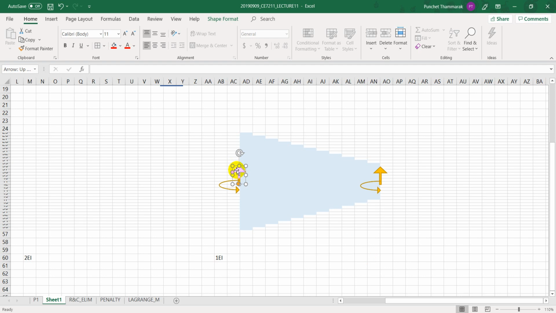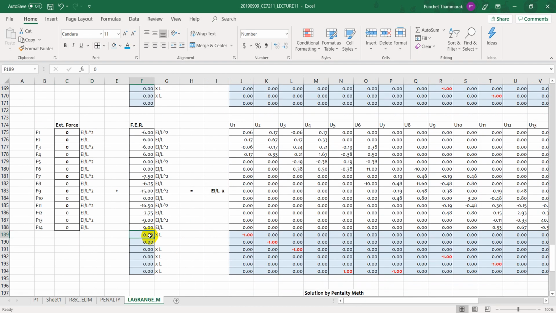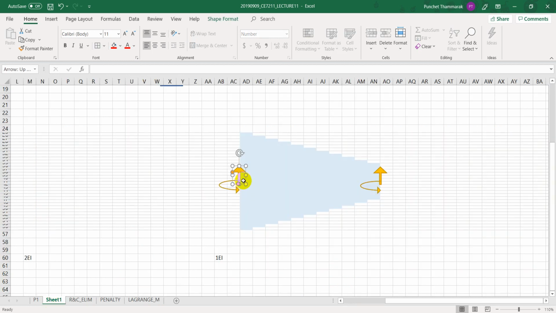You apply 1 unit for your U1, so you apply the number 1 in there using Lagrange multiplier. We used to have this on the left hand side prescribed to 0, but now you can put the -1 in there. When you put the minus 1 in there, you have the 1 unit displacement applied to that degree of freedom, which is the degree of freedom you want.